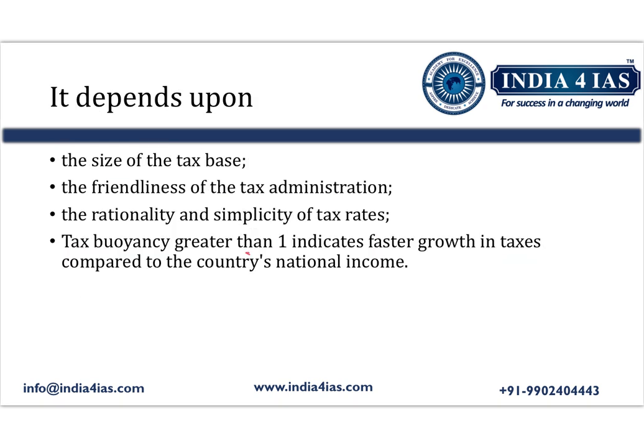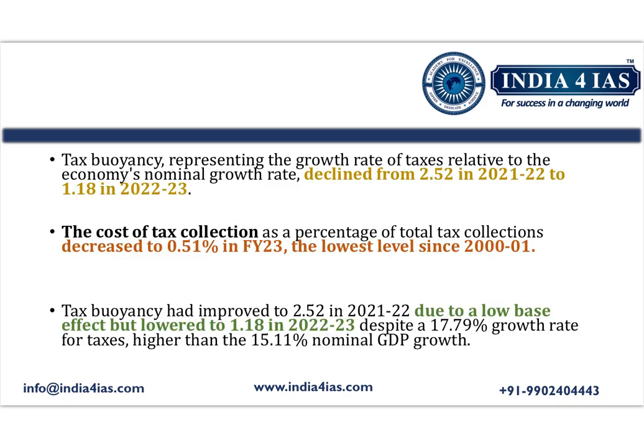Tax buoyancy greater than 1 indicates faster growth in taxes compared to the country's national income or GDP. This tax buoyancy depends on the following factors: the tax base, then tax administration in the nation, and rationality and simplicity of the taxes in the nation. Then as per the data released by CBDT, there is a decline in tax buoyancy for the year 2022-23 compared to the year 2021-22.